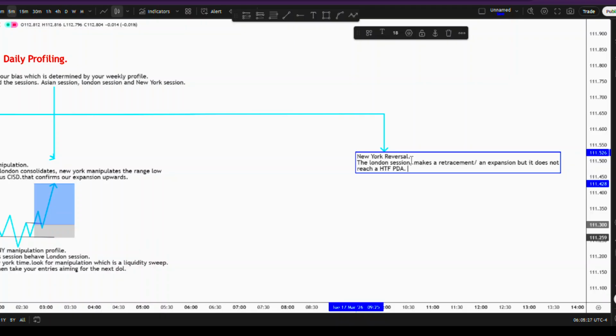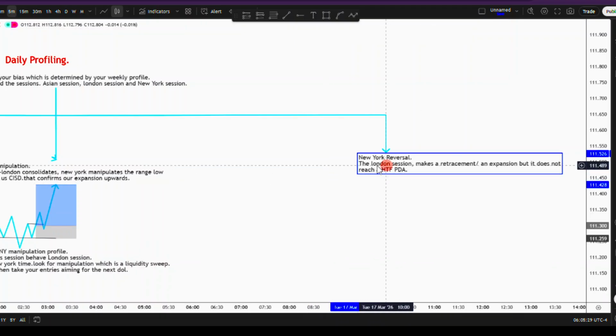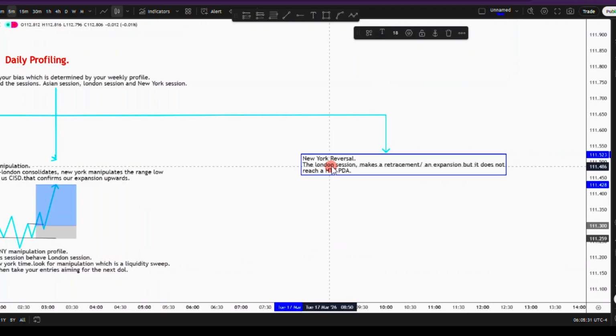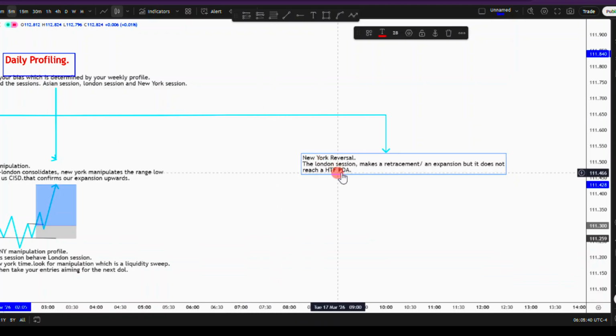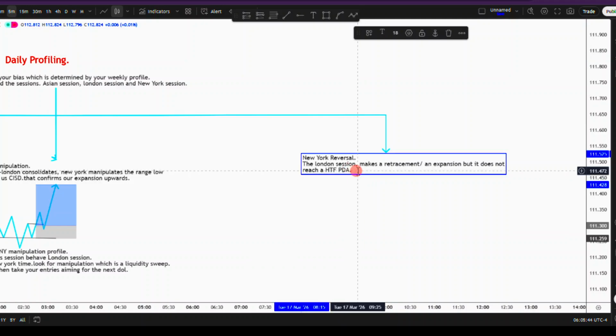You understand by now what a PDRA is. A higher time frame PDRA can be maybe a daily fair value gap, a daily order block, a weekly fair value gap. Those are higher time frame PDRAs, or order blocks, or demand and supply zones. So during the London session, price made a retracement or an expansion, but it did not reach a higher time frame PDRA.